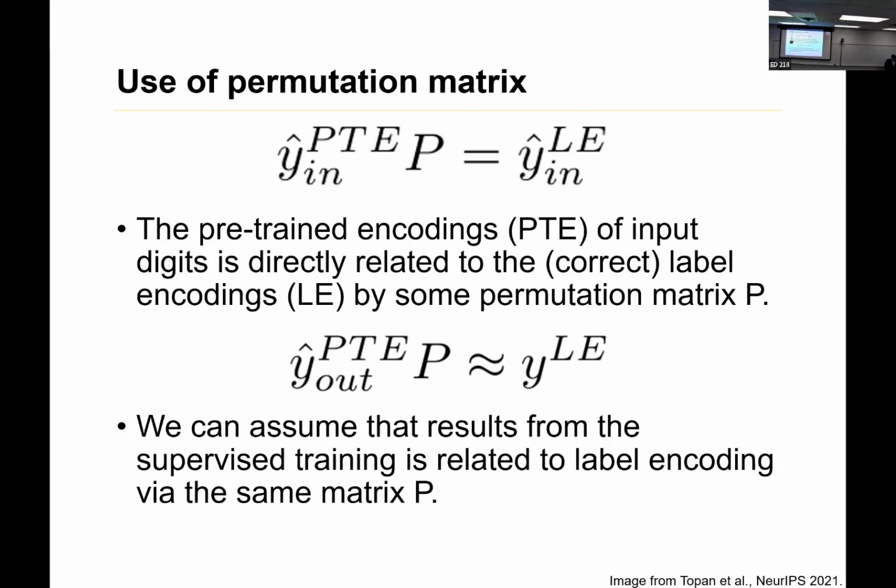So that means that if you permute the final results by P, you should still recover the same label encoding.